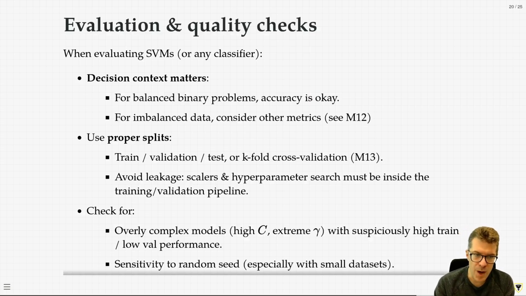You always have to use proper splits, so use training, validation, and test. You can use k-fold cross-validation from module 13. Why do you need that? I mean, you always need this. Generally, it's a good idea just to hammer this home. You should do machine learning properly. But we saw a moment ago that setting C and gamma, for example, can have a huge effect. Well, huge.